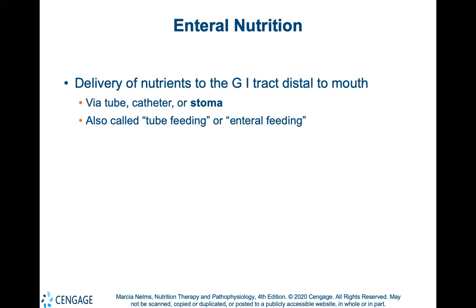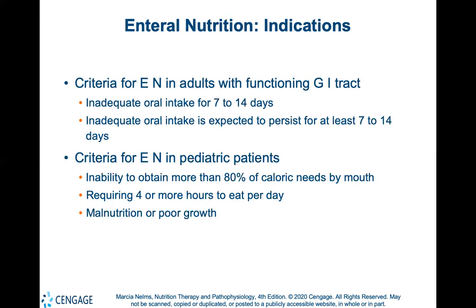Enteral nutrition is indicated for adult patients who have a functioning GI tract and who present with inadequate oral intake for 7 to 14 days, or for whom inadequate oral intake is expected to continue over a 7 to 14-day period.